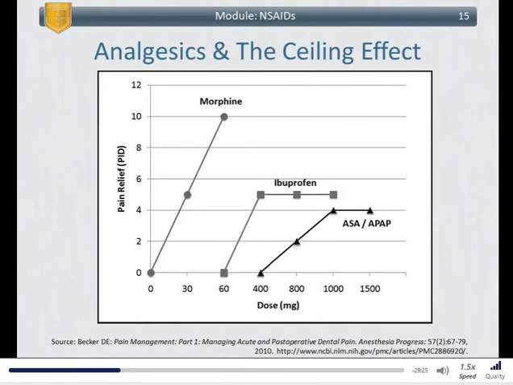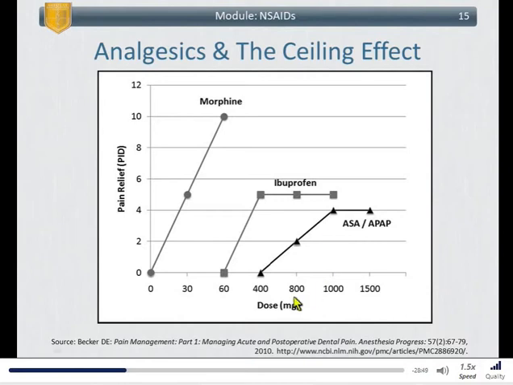Okay, let's talk a little bit about the analgesic impact of these drugs. So this is just showing you that opioids in general, not true of all opioids, but it is true of the pure mu agonists. Pure mu agonists have no ceiling effect. So the more you give, the more analgesia until you lose the patient. Okay, so no ceiling effect. Anti-inflammatories and acetaminophen do have ceiling effects.